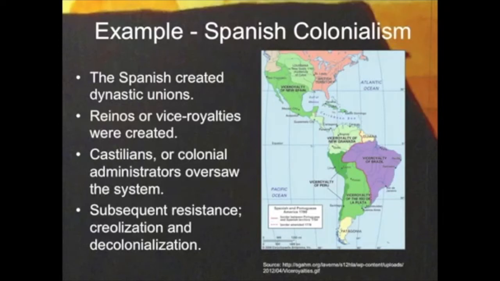And this system, in a sense, was typified by the presence of Castilians, or colonial administrators, who were literally rooted in Spain but oversaw all of the different colonial provinces throughout the Spanish Empire. The Castilians would meet periodically in Madrid to control the activities of their American and Pacific colonial holdings through a system of trade restriction and taxation.